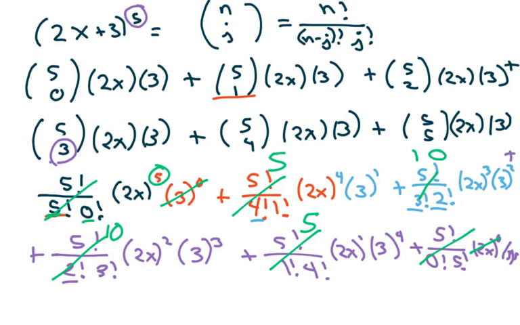And I did that without a calculator, just knowing from my previous videos. And now I'm going to simplify this, and what we get is 32 x to the 5th plus 5 times 16 x to the 4th times 3.